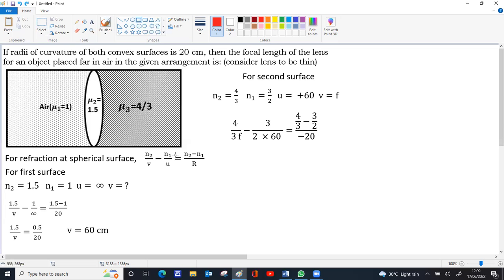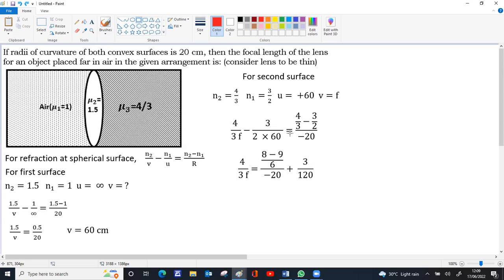Here 4/3 into V is F, 3/2 by U is 60 centimeters, and 4/3 minus 3/2 by minus 20 because the surface is curved to the left. So 4/3 minus 3/2, 6 will be the LCM. 2 into 4, 8, 3 into 3, 9, so 8 minus 9 by 6. You can take this to the right also.